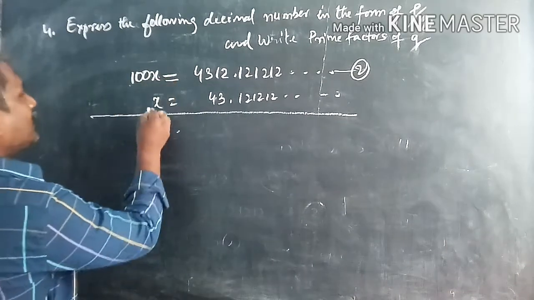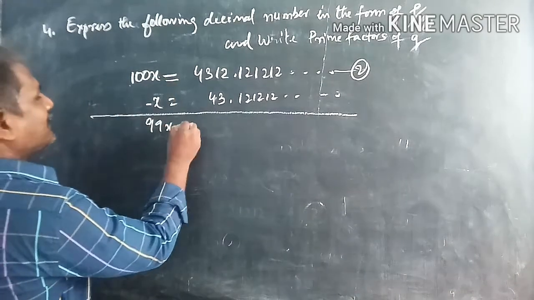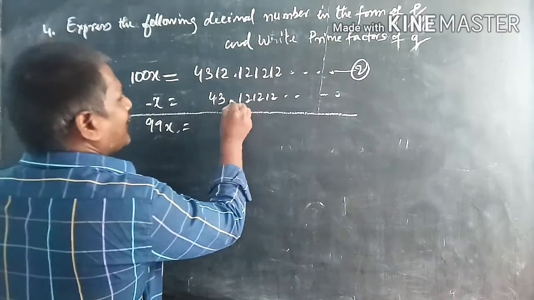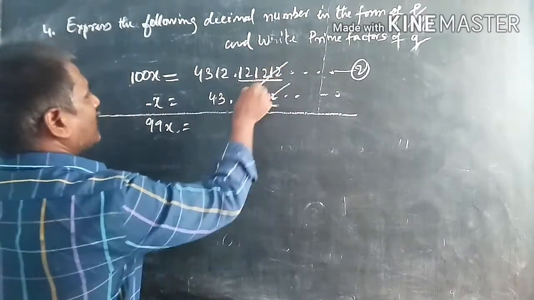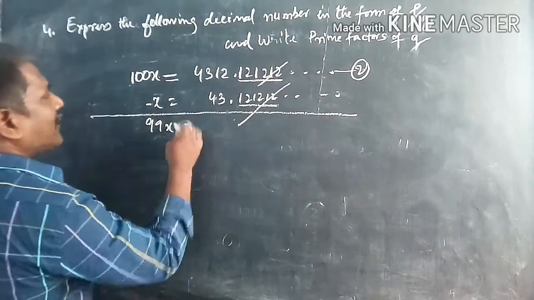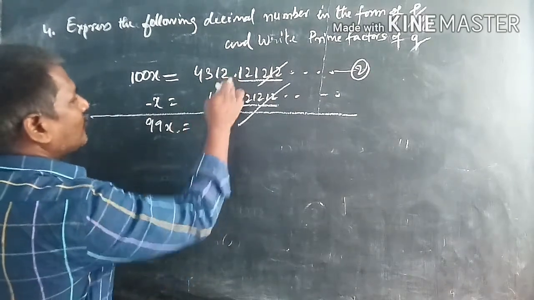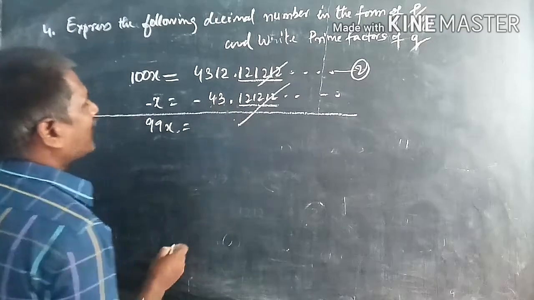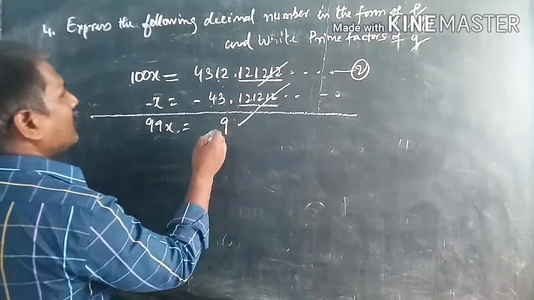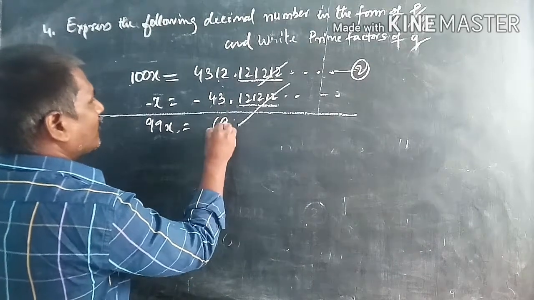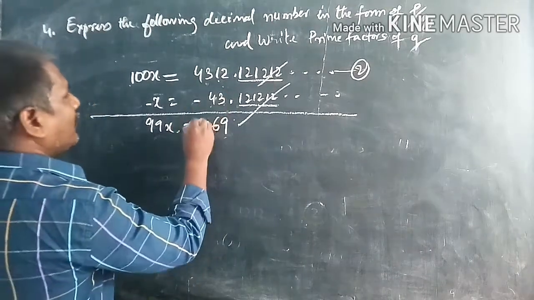So now subtract: 100x minus x is equal to 99x. After the decimal point, 1 2 1 2 are the same digits, so you can cancel them both. Now subtract: 4 3 1 2 minus 4 3, you get 12 minus 3 is 9, then 10 minus 6 is 4, then 2 and 4.